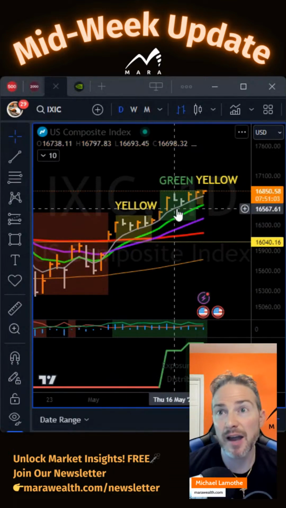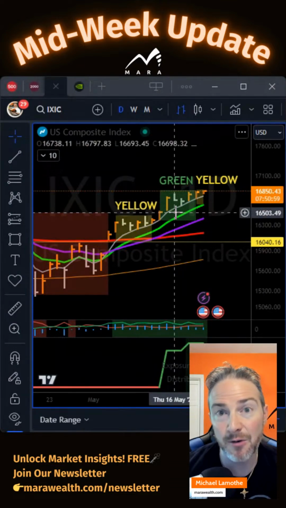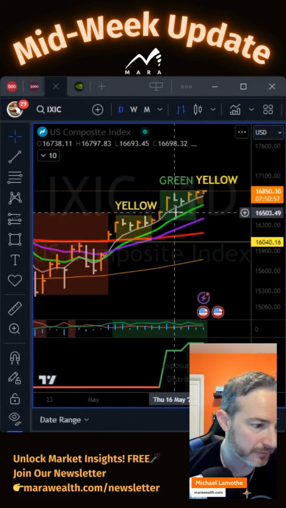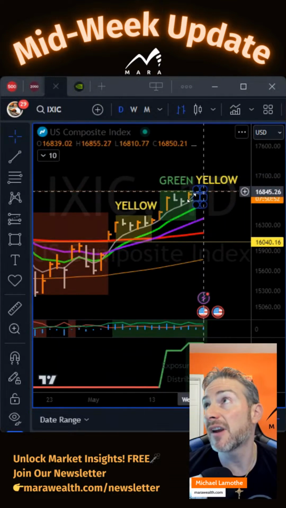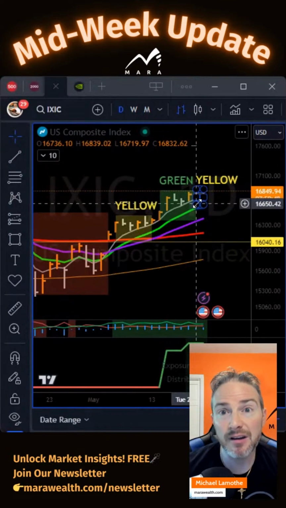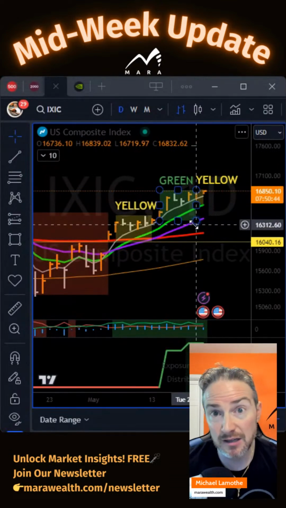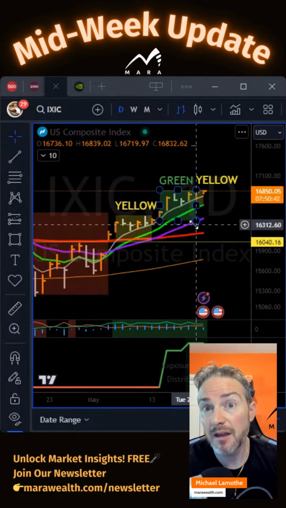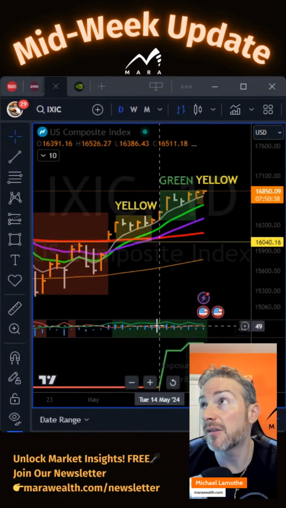At that point, I'm in agreement with the power trend. There were plenty of stocks that were breaking out. Performance was doing well. General market's in an uptrend. Then yesterday, day before, something happened that started to be a little bit of a yellow flag. That yellow flag ended up being this indicator down here.